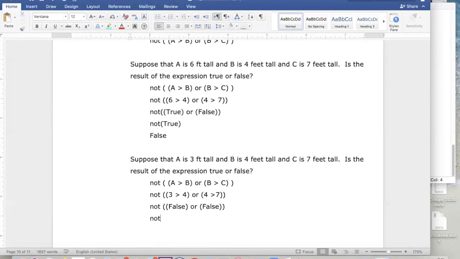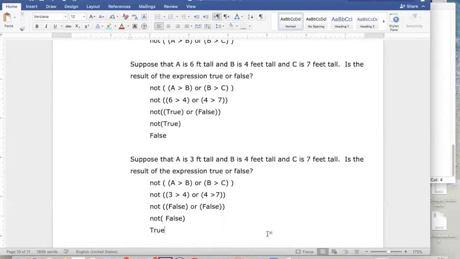And now I'm going to evaluate the expression in the center parentheses, false or false, that's false. And then taking the not operation, applying it to the false value, gives us the inverse, which is true. In that example, the final answer will be true.